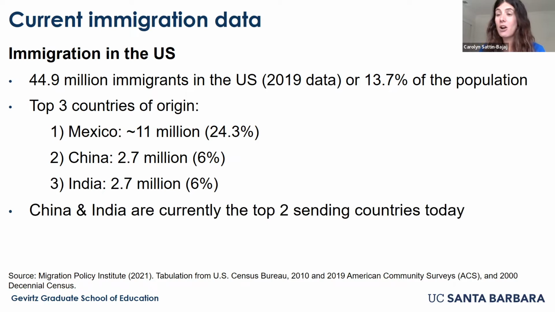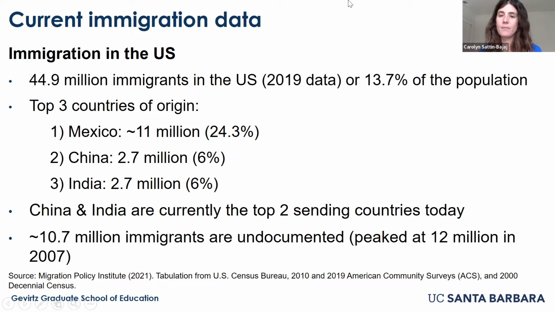Interestingly, China and India are now the top 2 sending countries. So while a larger proportion of immigrants are from Mexico, China and India are sending at a much faster rate in recent years. And then about 11 million people in the US are undocumented, the majority of whom have lived here for more than a decade. This number has declined since the peak in 2007, but it's still millions of people.